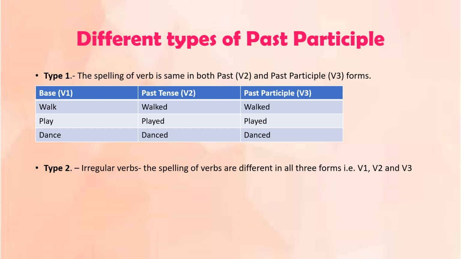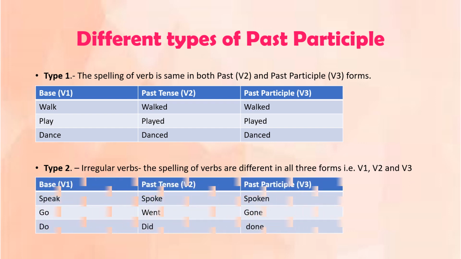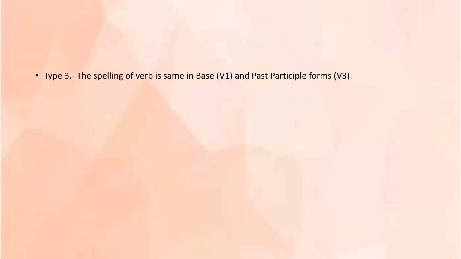Type 2. Irregular verbs. The spelling of the verbs is different in all three forms, that is, verb 1, verb 2 and verb 3. Type 3.